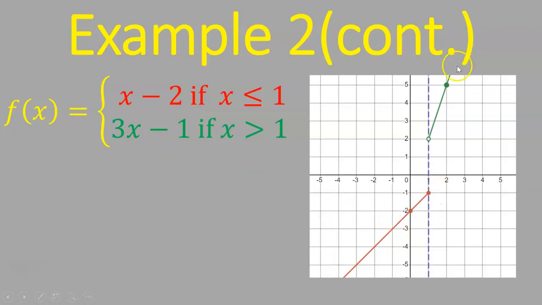We have to be careful. You're less than 1, so therefore the red goes on the left-hand side. You're greater than 1, and therefore the green is on the right-hand side. Of course, the points guide that anyway, but it's important to note that greater than 1 is on the right, less than or equal to 1 on the left.